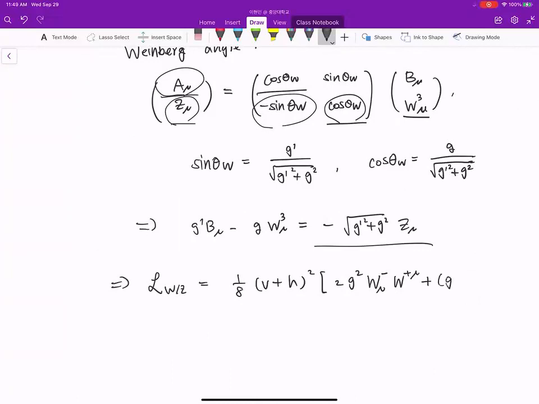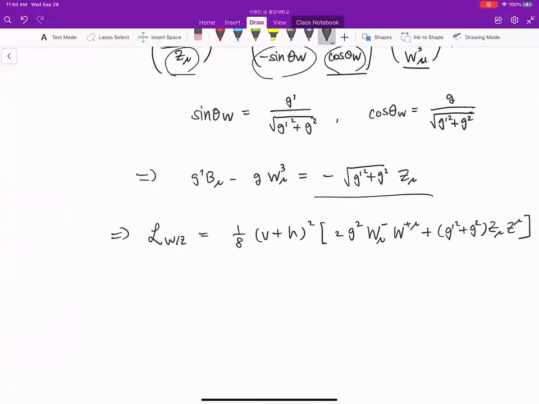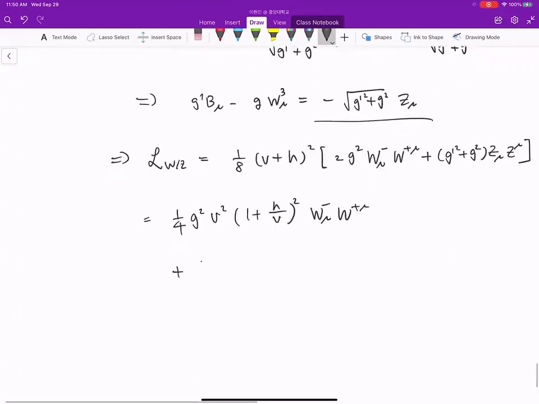And here, g prime. Okay. So we have fully diagonalized the electroweak gauge bosons, and then we can rewrite the Lagrangian in this form.